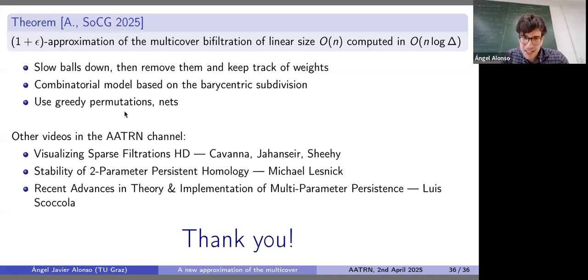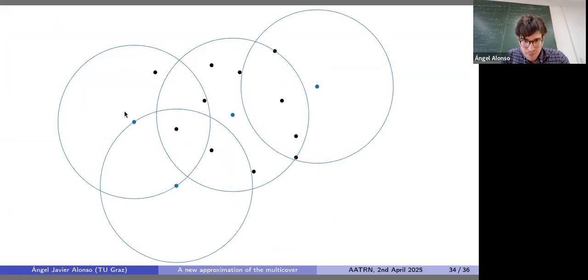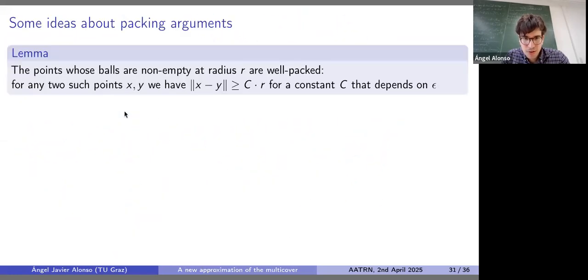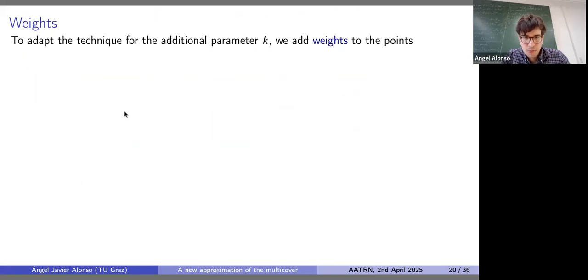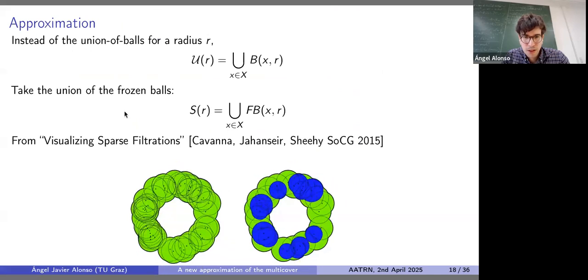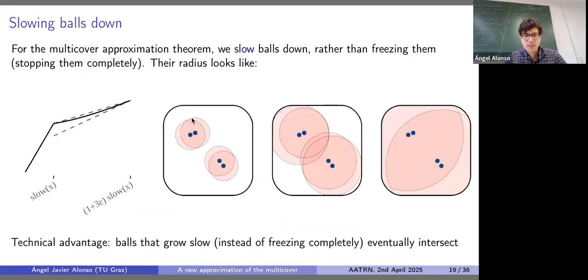Yes, good point. Perhaps I didn't speak too much about it. So let me go to this slide of the slowing balls. Thank you for the question. So this relates to this work of Bauer, Dornelas, and Kerber, and they freeze. The contraction works with freezing. And that gives you some problems when computing, that they solve by just taking, how to say, small increments.